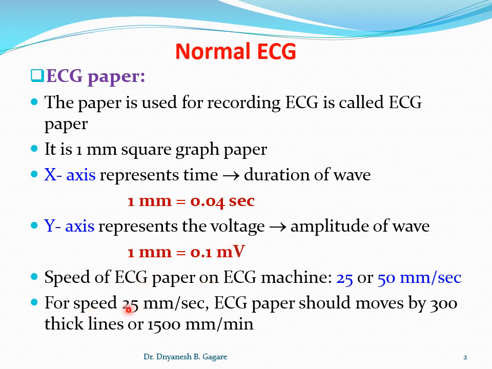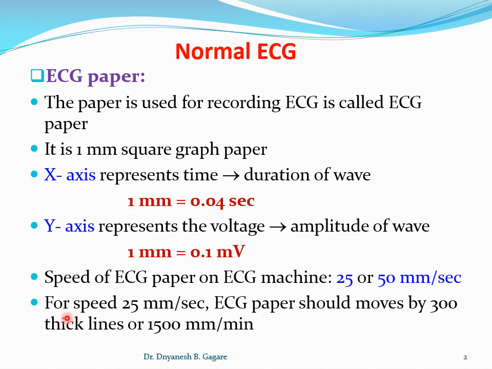Then the speed of the ECG paper on the ECG machine is either 25 millimeter per second or 50 millimeter per second. When you use the ECG machine, you can adjust the speed. You can keep any one speed, that is 25 or 50 millimeter per second. What is the meaning of this speed? For example, the speed is 25 millimeter per second.